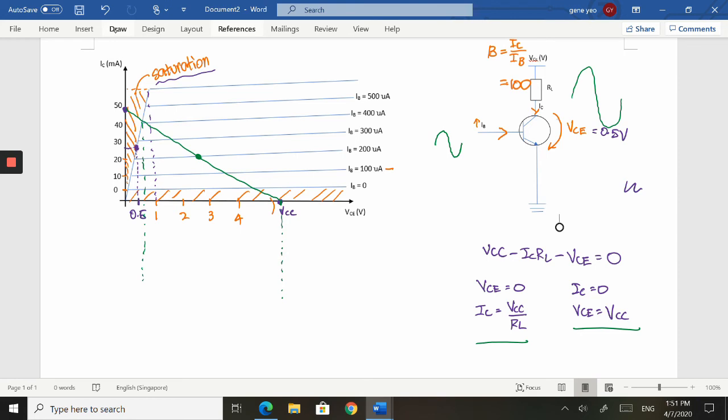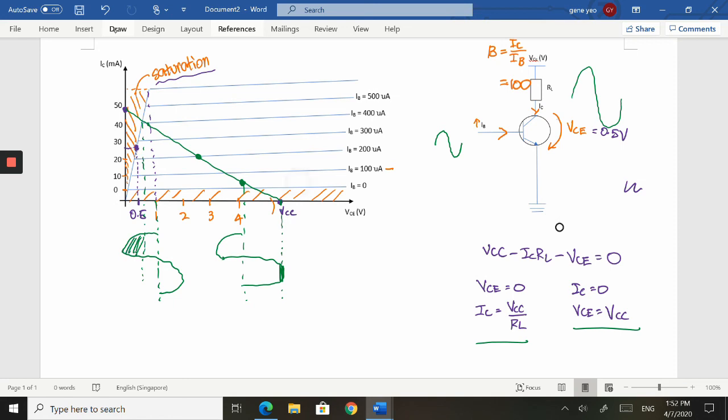If I were to choose somewhere along this point, for example, it could be a possibility whereby the wave might get cut off if you choose a point too close to the VCC point, because you can't create energy, you can't get a voltage greater than VCC. And likewise, if I choose a point too close to the saturation point, same thing, I'm going to have a region that is cut off.